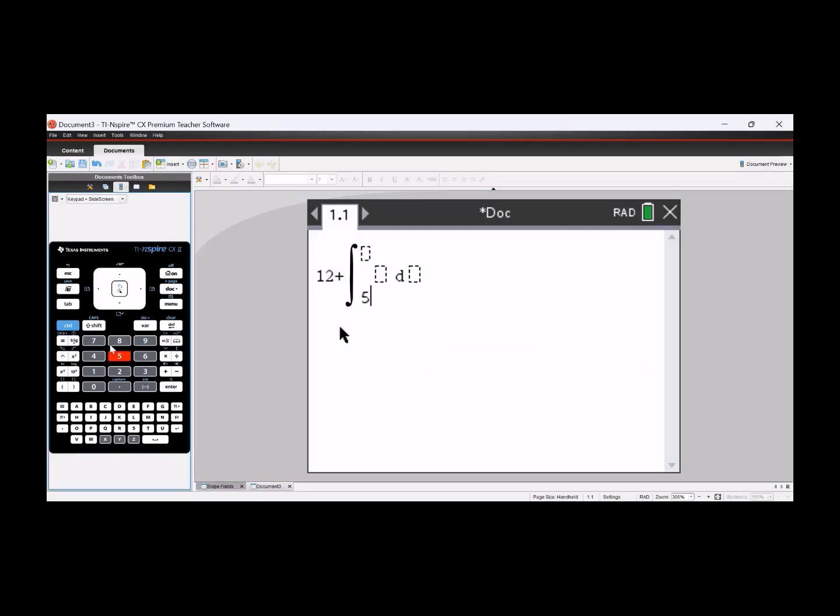We are going from 5, tab up to 10, tab over into the integrand, control x squared for the radical, 3t minus 2, tab out of the radical, tab over to the differential, dt, press enter, and there we go, 35.508868, so 34.509 meters.